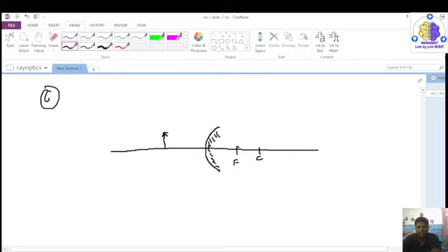So the first light ray, which is parallel to the principal axis, will get reflected as if it is passing through the focus. So this will be the reflected ray.